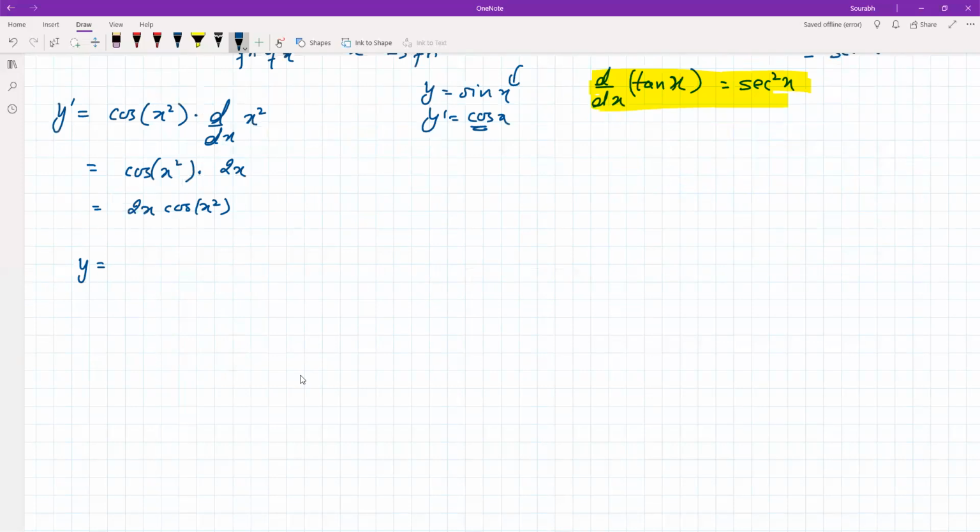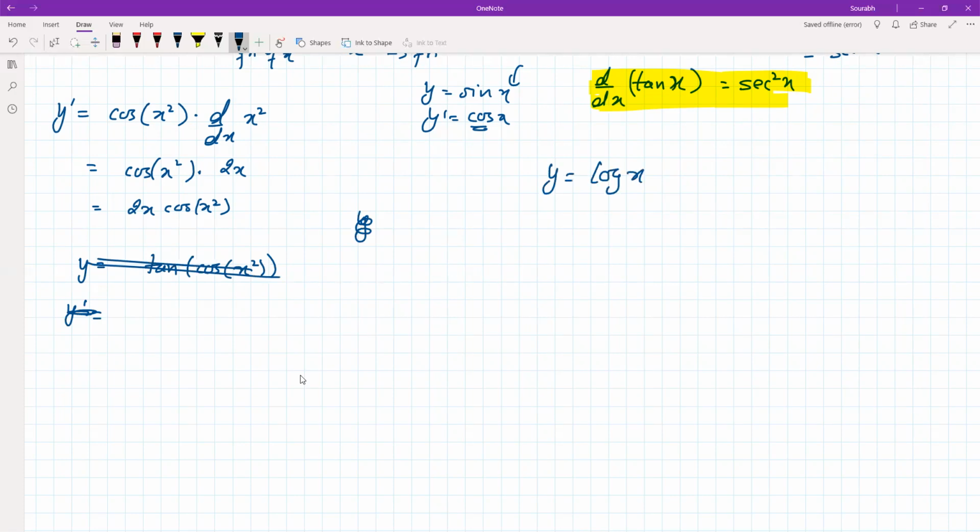For example, let me introduce one more function, say y is equals to log x.